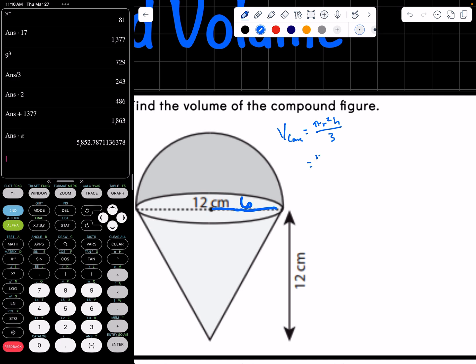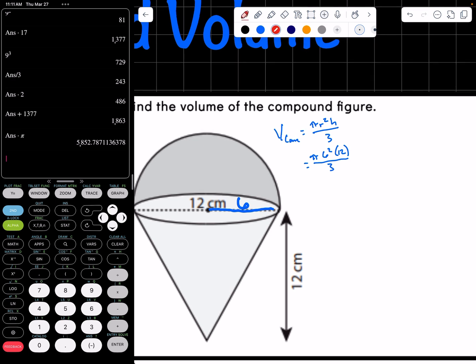So when I plug all this in, pi r is 6, and then h is 12, all over 3. As I work this down, 6 squared is going to be 36. So that's pi times 36.